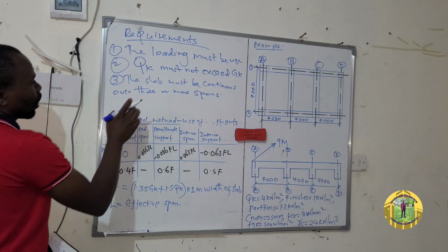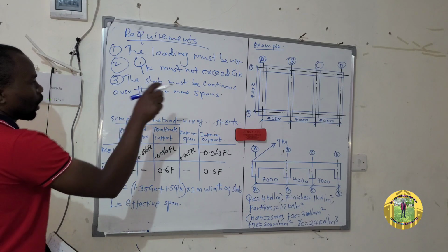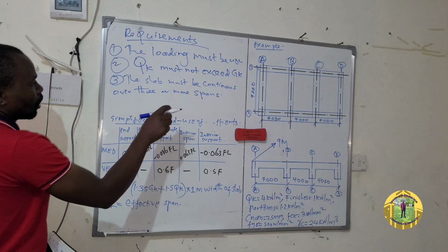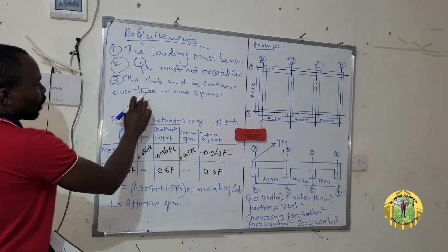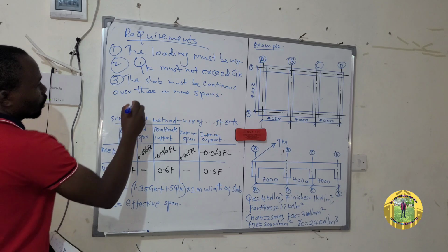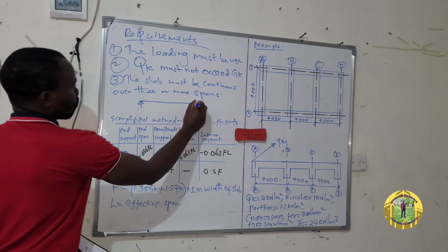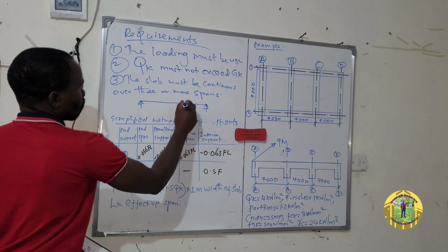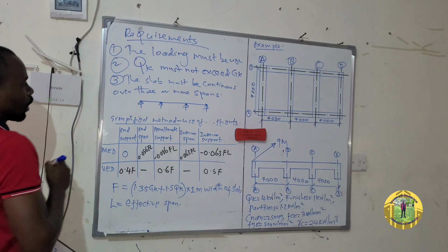For a slab to have 3 or more spans, you add 1 to the number of spans so that you can get the number of supports. So here the supports will be 4 and above. So how many spans are here?